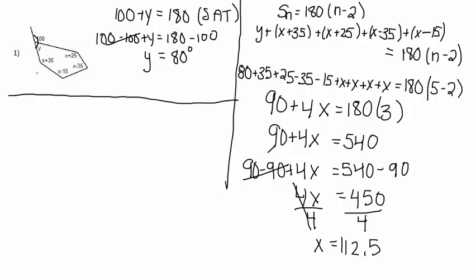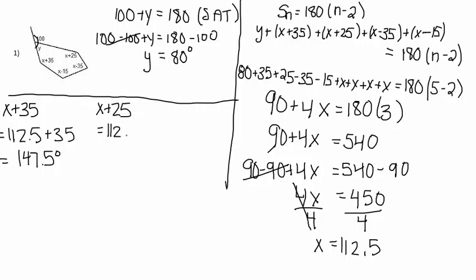Now we go back over here, and we have to plug in the value for x to find the exact angle values. So x plus 35 equals 112.5 plus 35, which is equal to 147.5 degrees. We also have an x plus 25, which is equal to 112.5 plus 25, which is equal to 137.5 degrees.